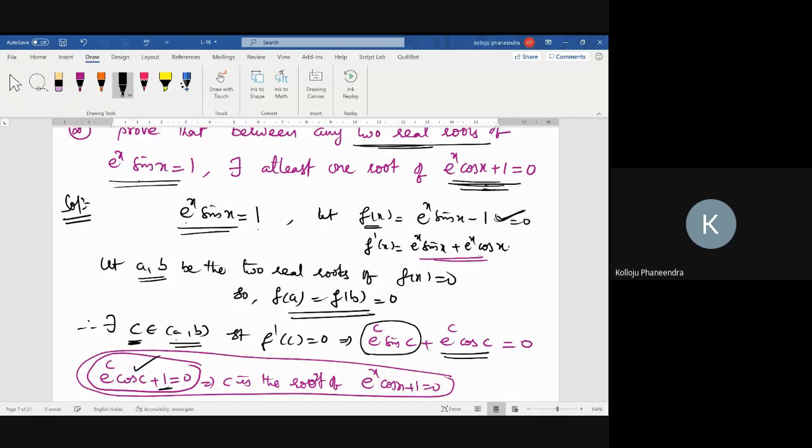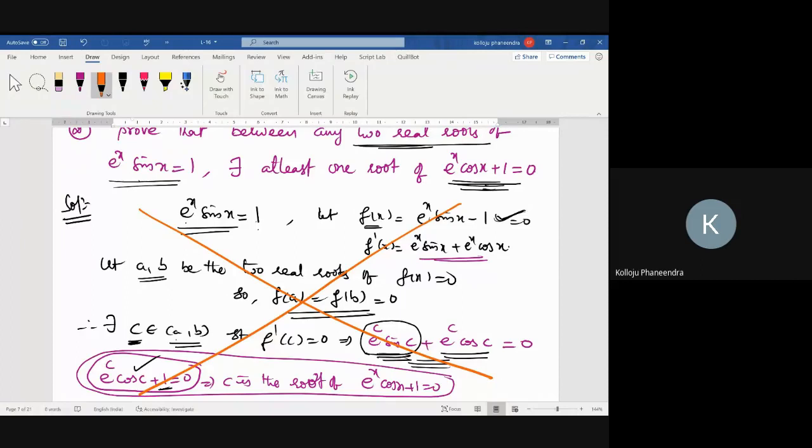That means e power a sin a is 1 and e power b sin b is 1. But I don't know whether e power c sin c is 1 or not, so I cannot conclude this value as 1. If I proceed in this manner, you will get a confusion here. So this method is wrong. This procedure is wrong.